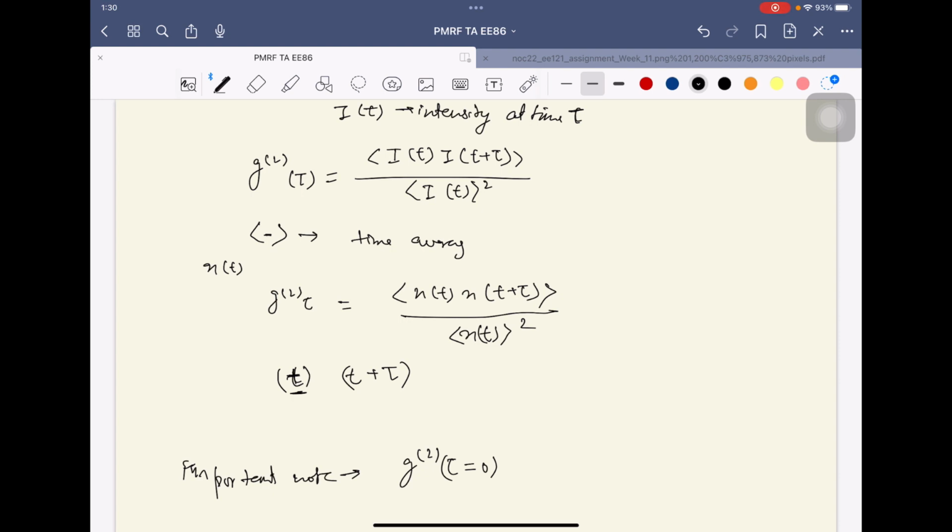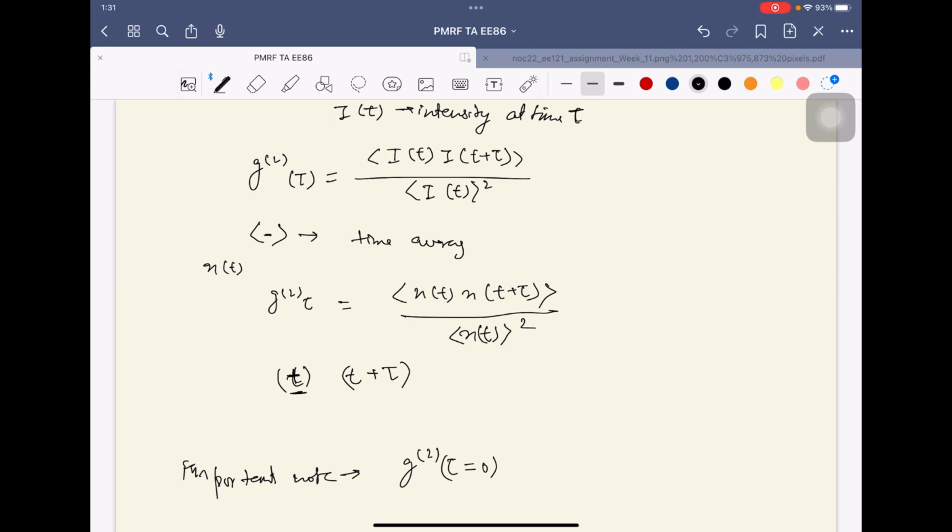If I have measured n photons at time t, what does it mean to ask how many photons will be measured at time t plus 0, or at time t? So I will interpret it in the following as the number of photon counts at an infinitesimally small time after t.